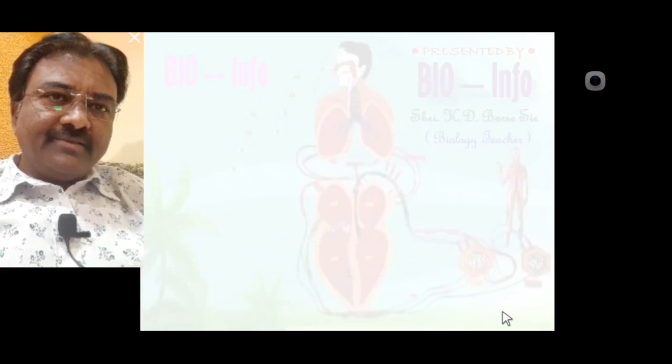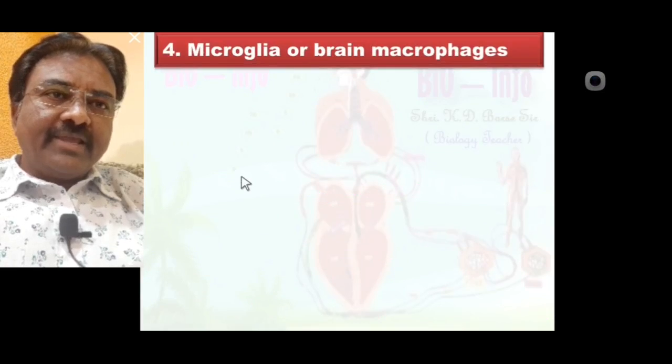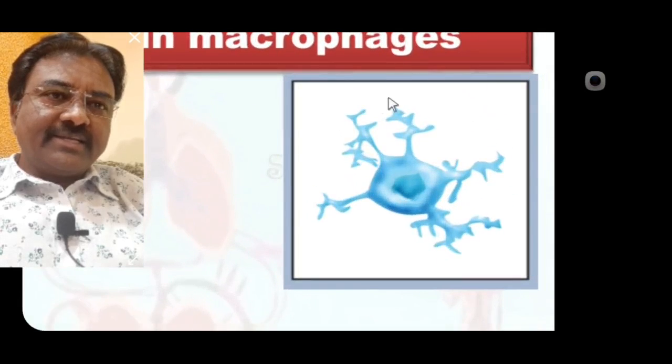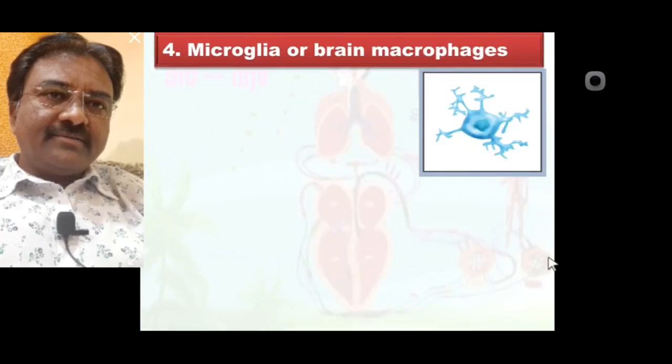Now fourth one is microglia or brain macrophages, also one of the types of neuroglial cells. Seen here in the diagrammatic representation, macrophages of the brain or microglia neuroglial cells.